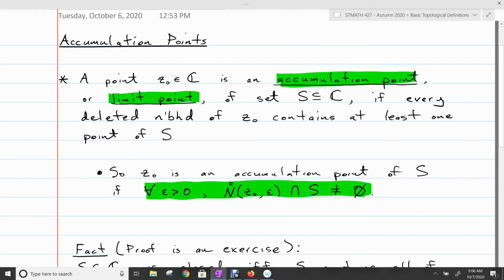The reason for using a deleted neighborhood is that the accumulation point itself need not be in the set S. It just needs to be really close to the set S. It's very similar to the idea of a boundary point.